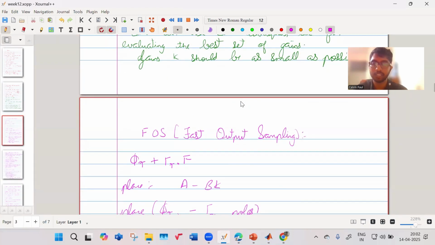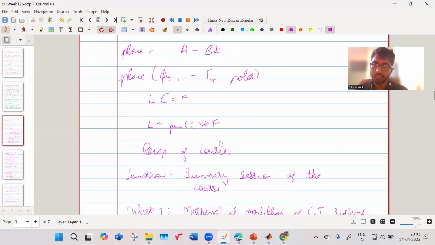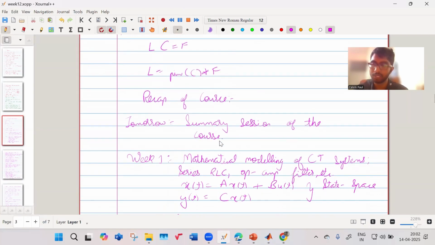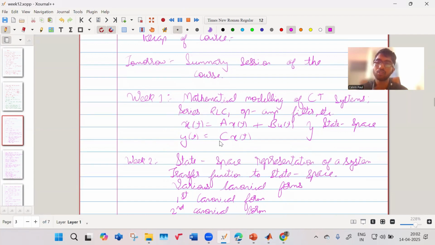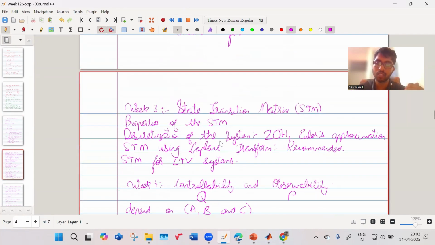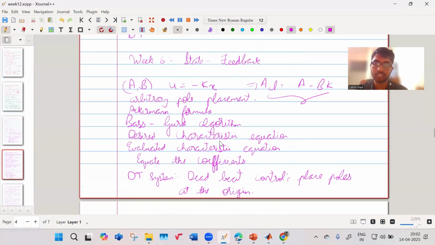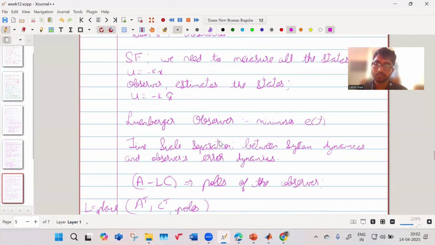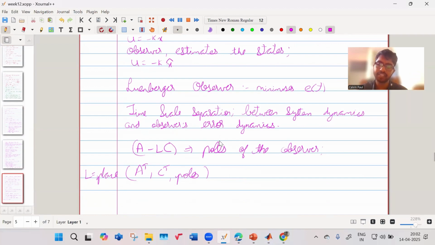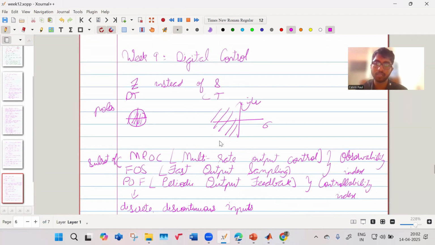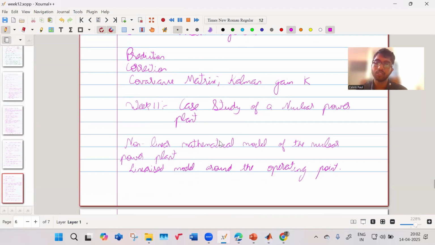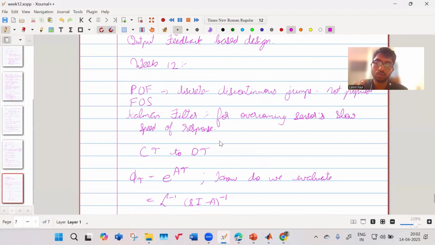This is further scope for research. Then fast output sampling also we have done. There is a certain issue in the code, but we have to resolve it. Then there's a summary session for the course, which will be done tomorrow. And we just did a brief recap of what was taught in week one, week two, week three, week four, week five, week six, week seven, week eight. Various things were taught: the state space, transfer function, observer, state feedback, Kalman filter, digital control, periodic output feedback control, fast output sampling, and the application of Kalman filter, various continuous time state and Kalman filter. So all the best for your exams.